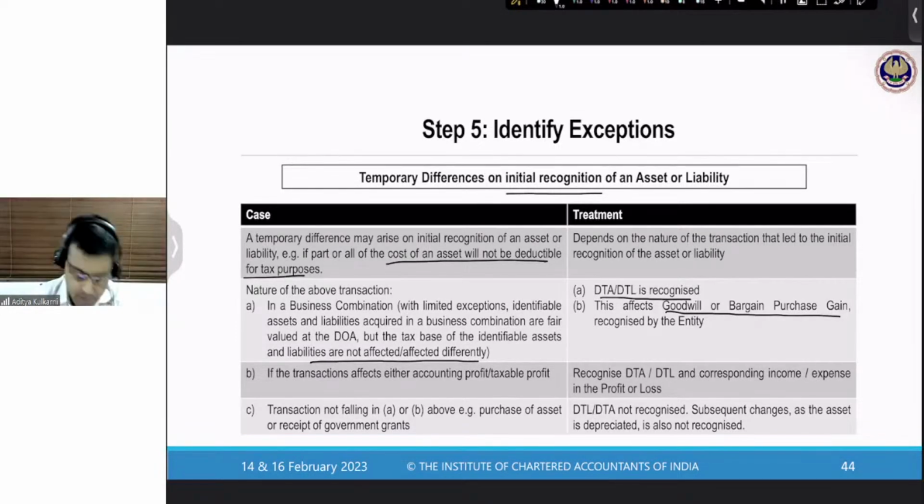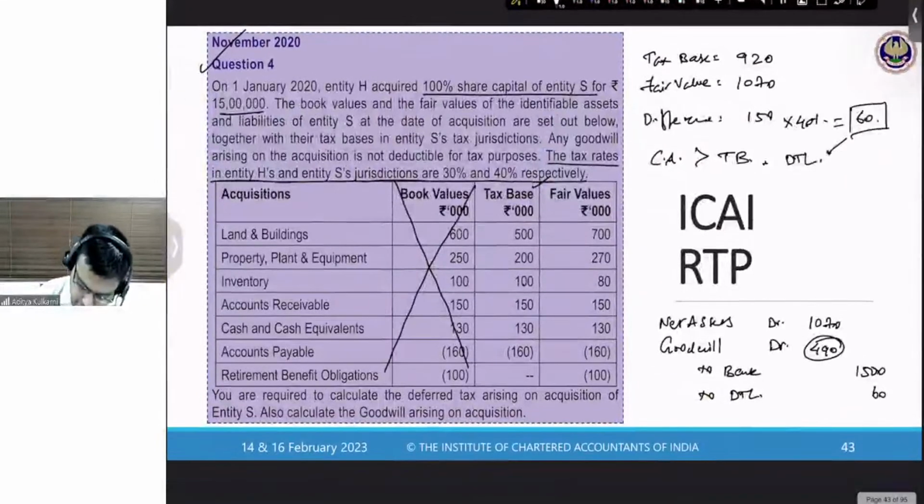That also we saw. In this question that I have just done, if I did not recognize this, my goodwill would actually have been 430.